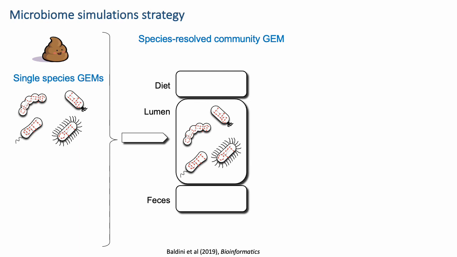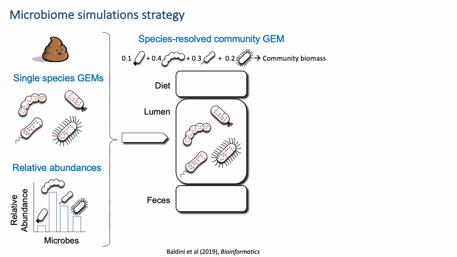In particular, microbial species are located in the intestinal lumen, and we also have a diet compartment and a fecal compartment. We additionally incorporate species abundance data from taxonomic profiling into this community model by constructing a community biomass reaction which represents the biomass production for the entire community, where the reactants of this community biomass reaction are the biomasses of individual species present in that sample, and the stoichiometric coefficients are the relative abundances of a species in that sample.